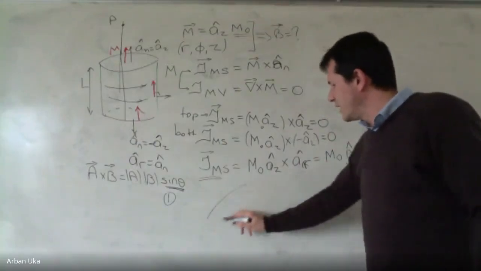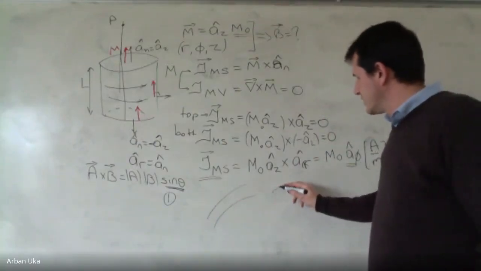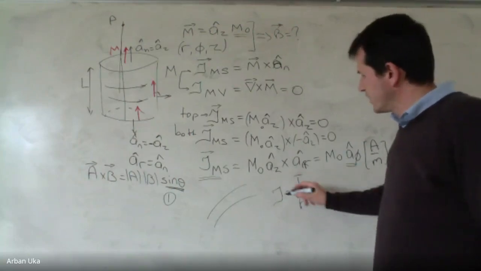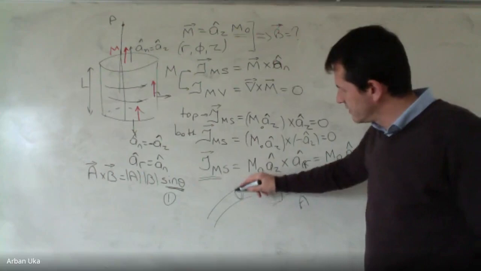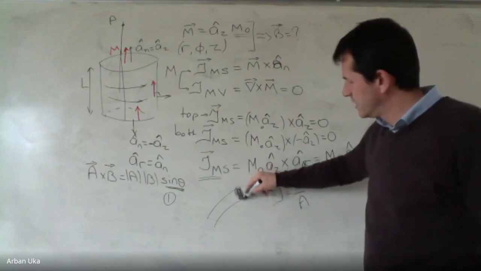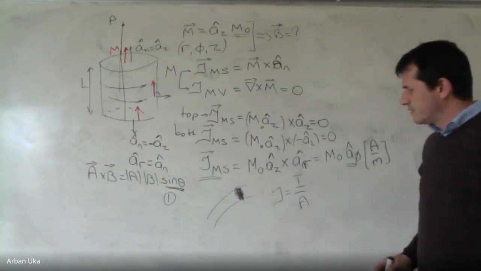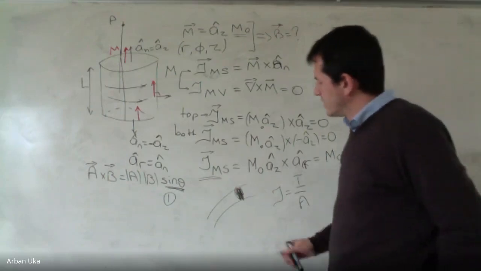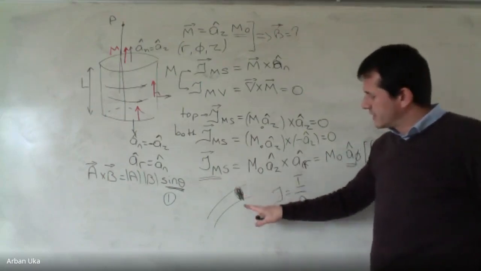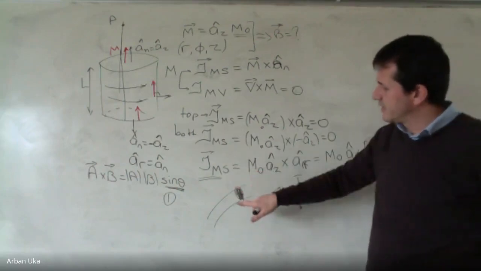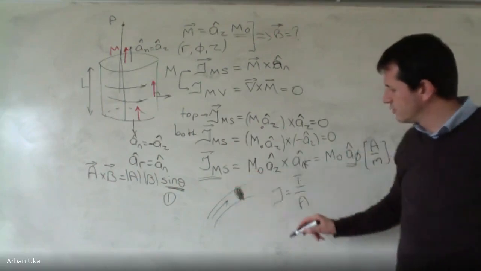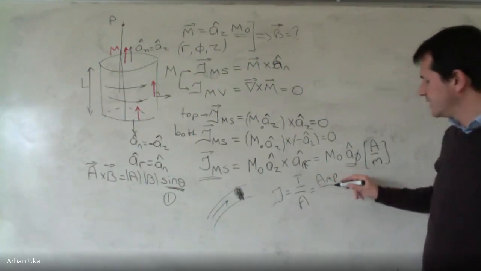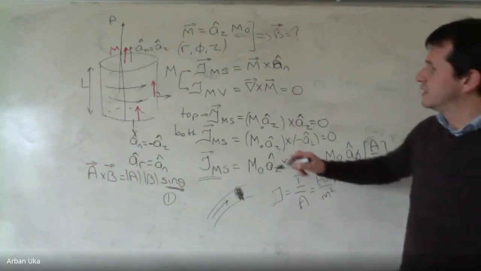So if you have a wire, and then when we find the current density, this is J is equal to I over area. So we divide it by this area here. But now that we have a very thin layer, the idea is that what is effectively here, this is the area that is stopping the current that is flowing through the wire, which is here ampere divided by meter squared.